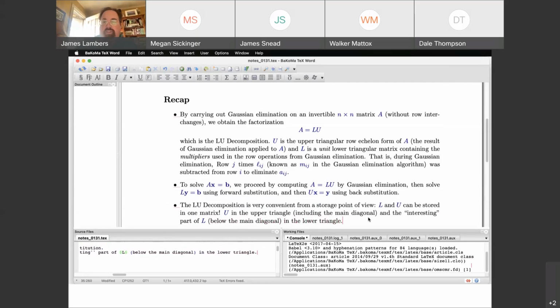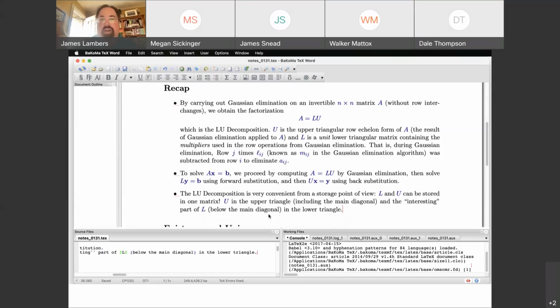I say the interesting part because what's key is we already know that the main diagonal of L is all ones, so there's no need to store that. You're not storing portions of either matrix that are zero, certainly. So the non-zero, non-one parts of U and L together fit into an n by n matrix.